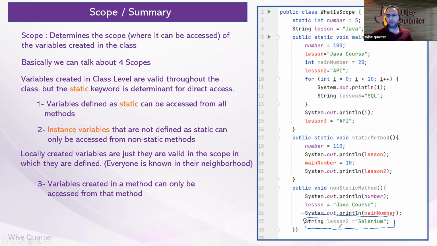And when I try to reach lesson 2 here, Java will complain because it has been created in a different method, you cannot reach it. This variable belongs to this method. It is a local one. This lesson 2 is being taught in this method, nowhere else.